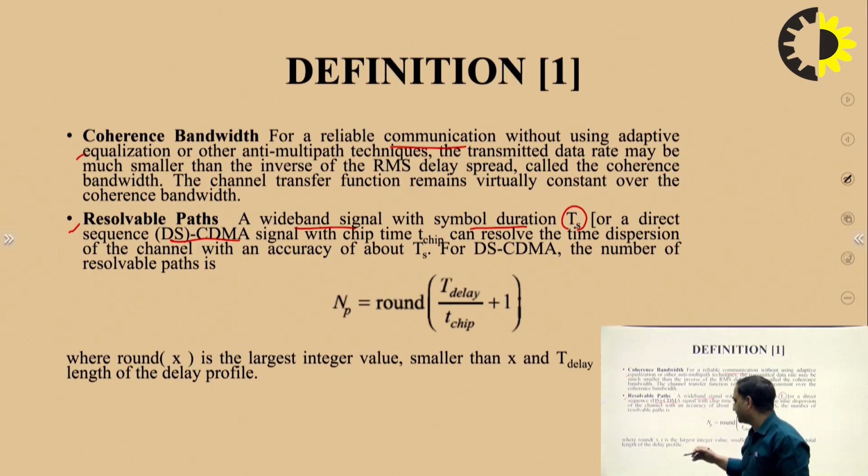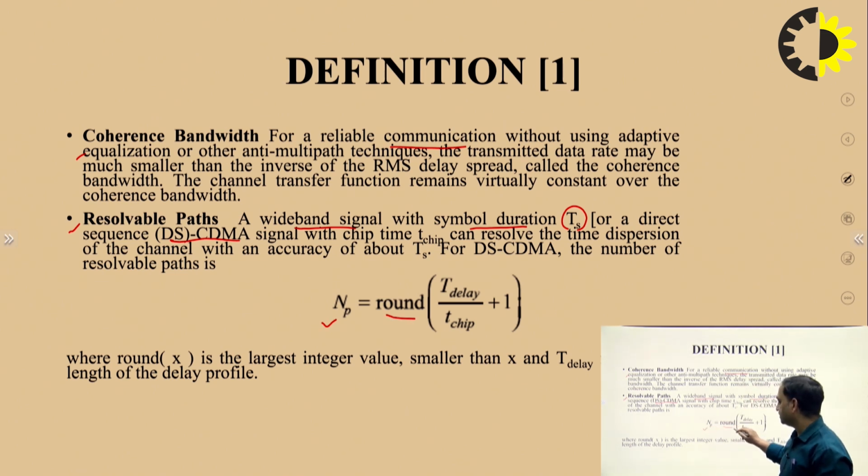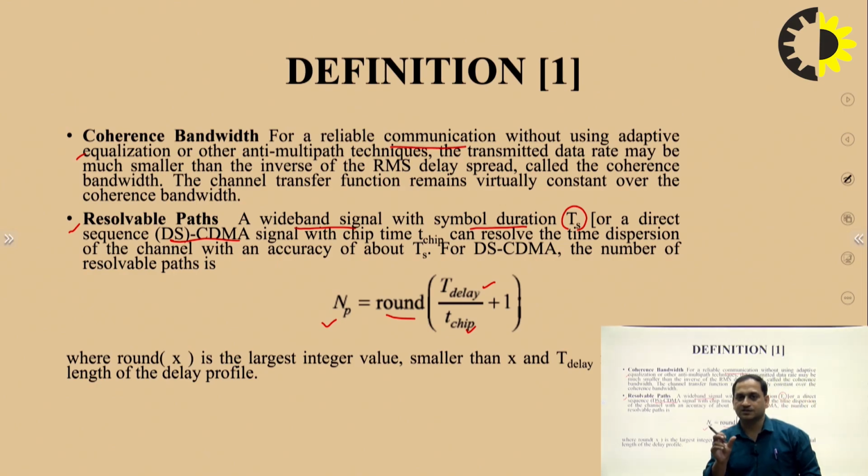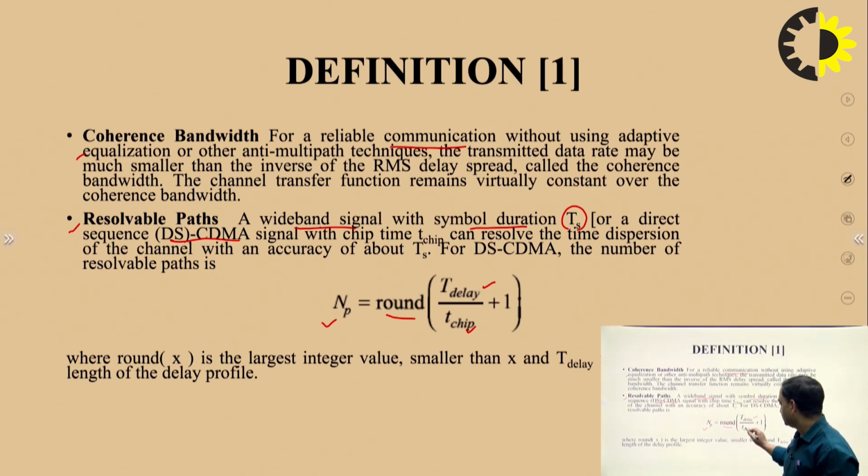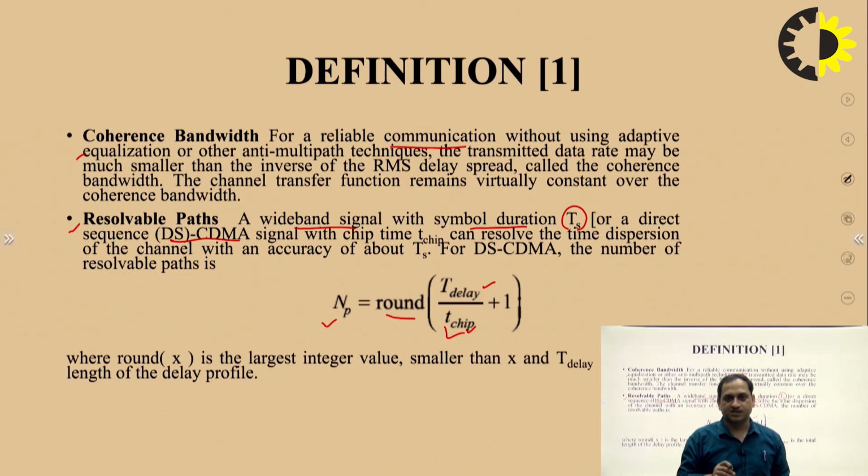The condition for the resolvable path is NP equal to the round off of T delay over T chip, plus 1. T delay is the delayed version of the period of the signal received at the receiver, but T chip is the one time period of the PN sequence. If we have 10 bits in the PN sequence, then T chip will be the time period of 1 bit of the PN sequence.